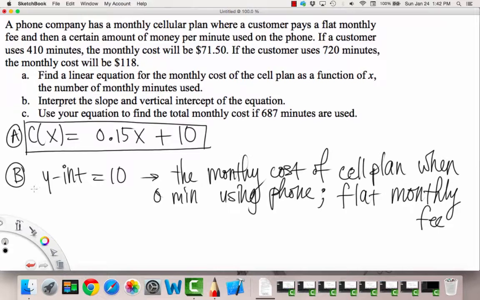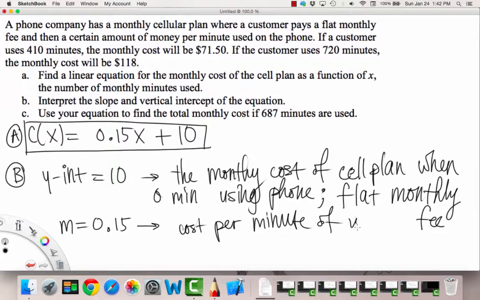On the other hand, our slope, our m, which is 0.15, is being multiplied times x, so that would be per minute. So this represents the cost per minute of using your phone. This basically means 15 cents.